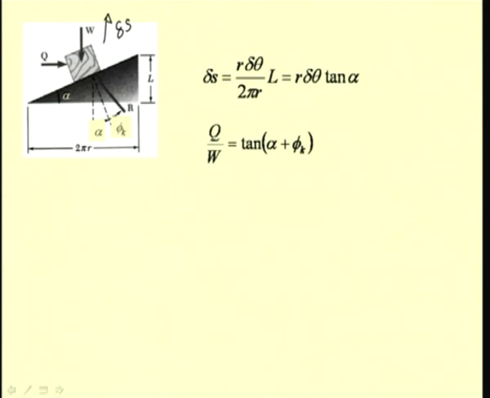And we also know for the raising load on this inclined plane, we have Q by W is equal to tan of alpha plus phi k, where phi k is the friction angle for kinetic friction.